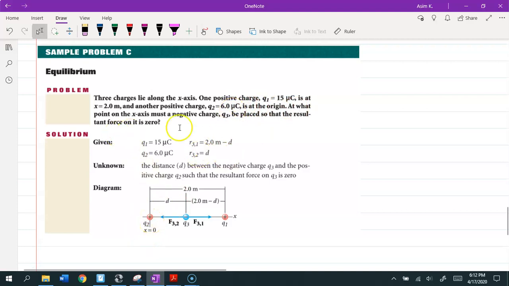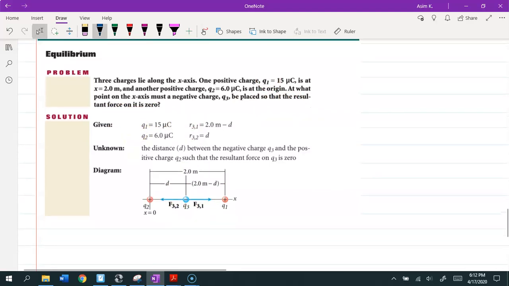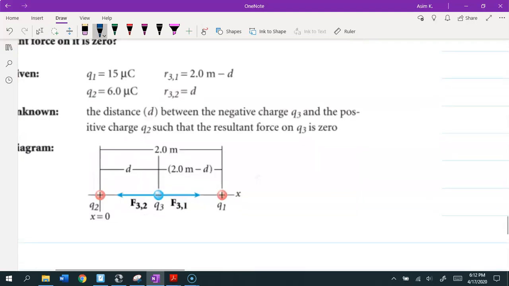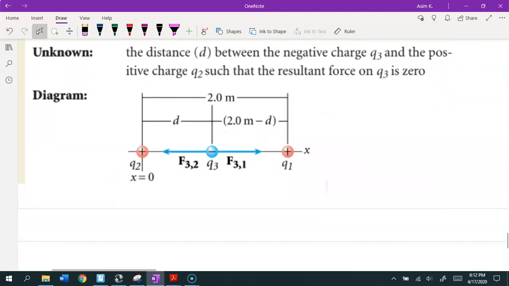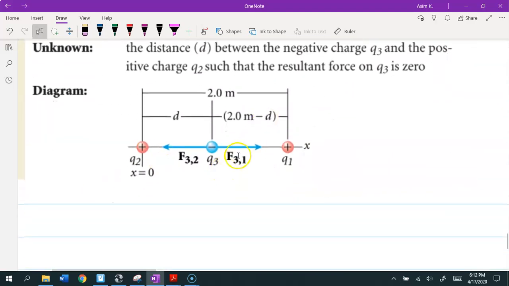And it says at what point on the x-axis must you put a negative charge so that the resultant force on it is 0, meaning the force that is pulling the charge towards the right, which we can call F sub 3,1, meaning the force exerted on 3 by 1, is equal and opposite to the force that's exerted on 3 by 2.